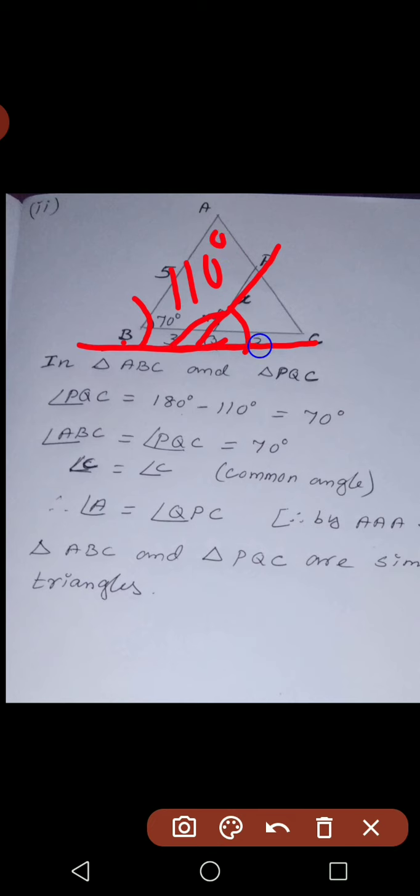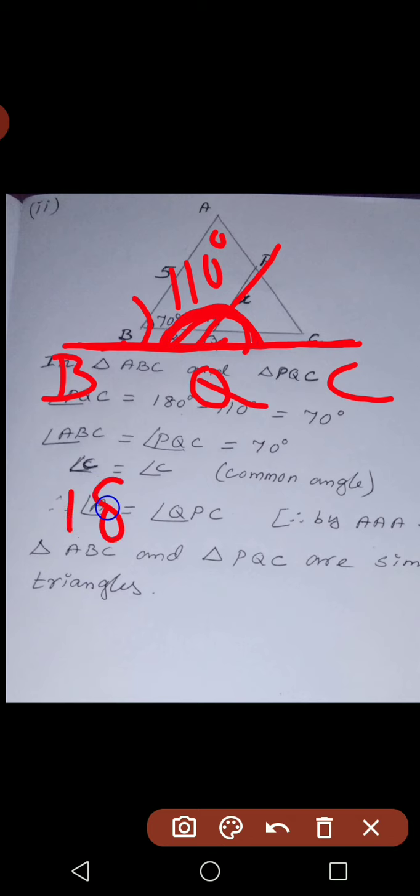Now see, BQC is a straight line. So the full angle in a straight line, the straight angle, is 180 degrees. Then this part is given as 110. We have to find this portion, so what you have to do is subtract this 110.